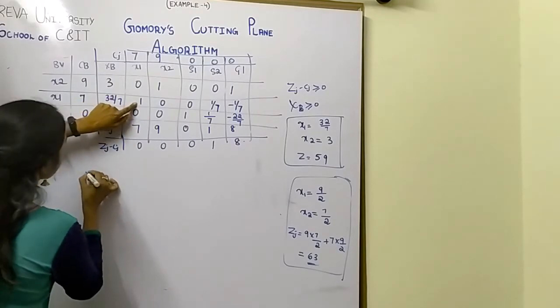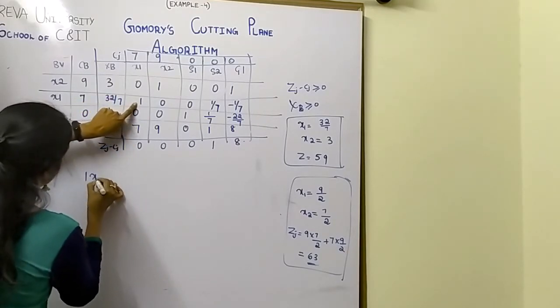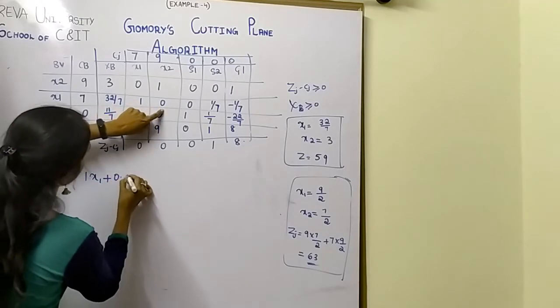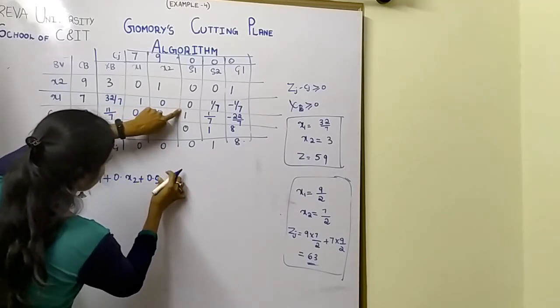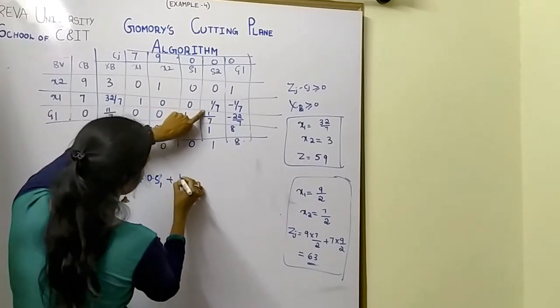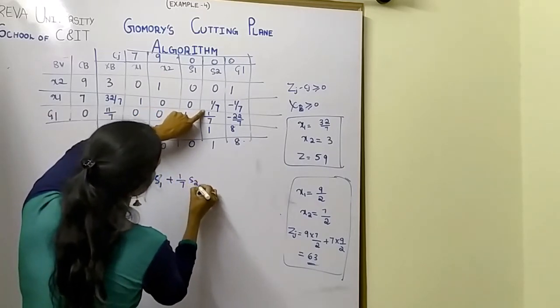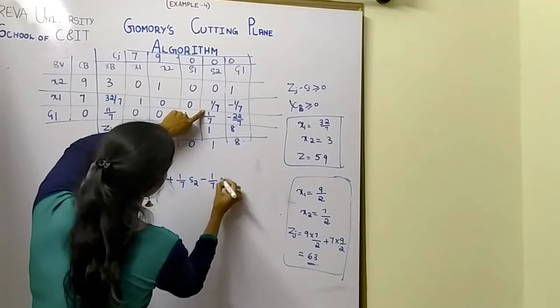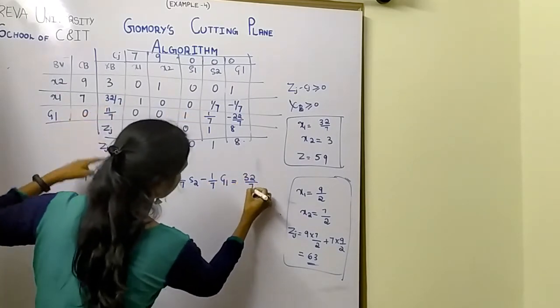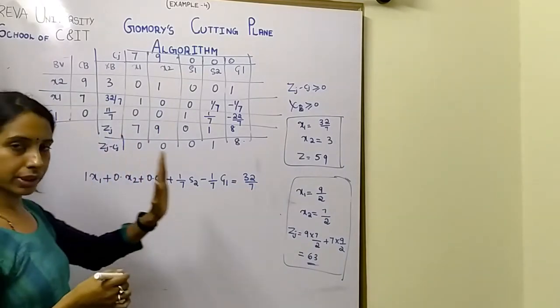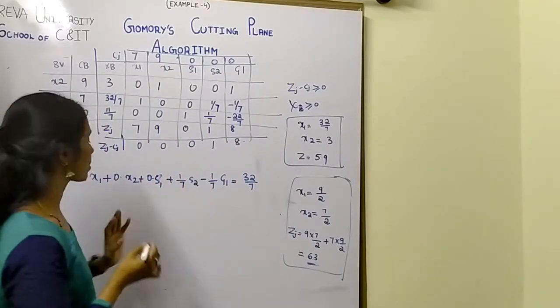So 1 into x1 plus 0 into x2 plus 0 into s1 plus 1 by 7 into s2 minus 1 by 7 into g1 equal to 32 by 7. Again you represent this as integer plus fraction.